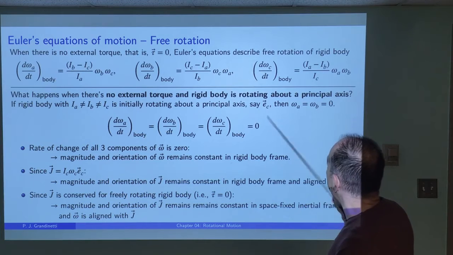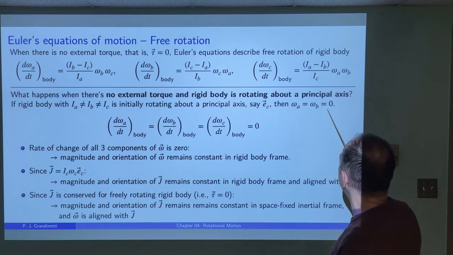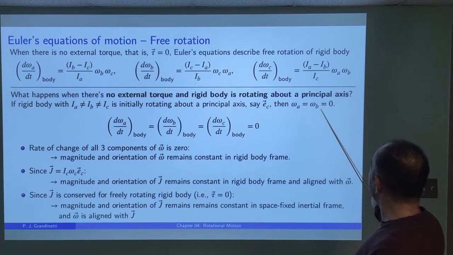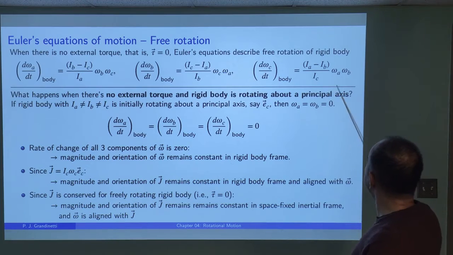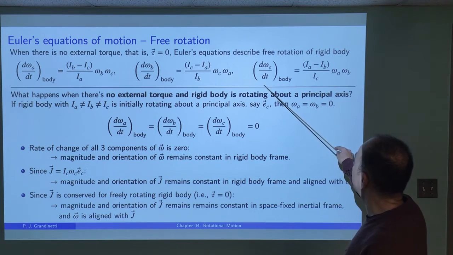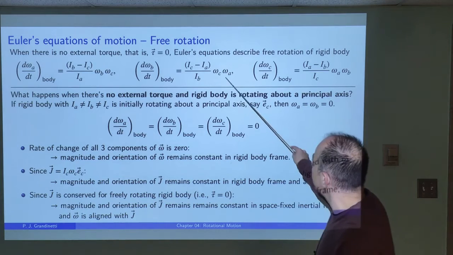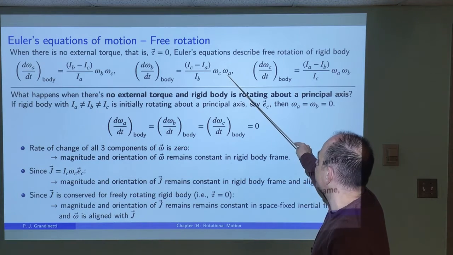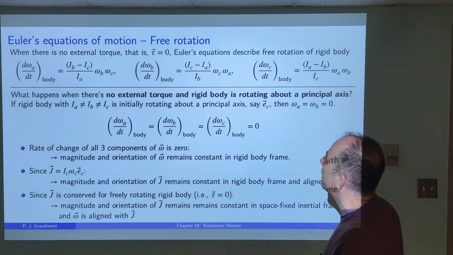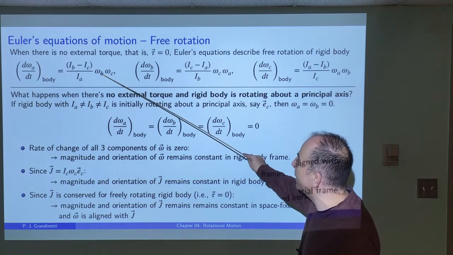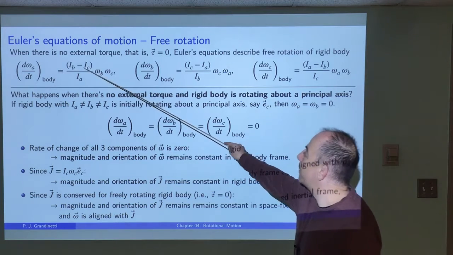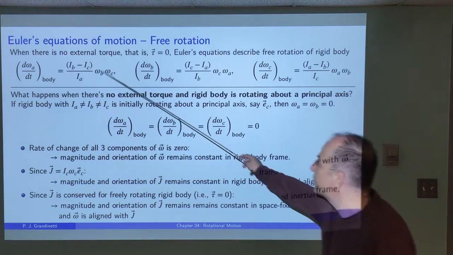Then in the equation for the C component, the derivative has to be equal to zero, so the C component of the angular velocity vector is time independent. But there's also an omega A in the B equation that is equal to zero, so the B component is time independent. And there's an omega B in the A equation that is zero, so the A component is also time independent.